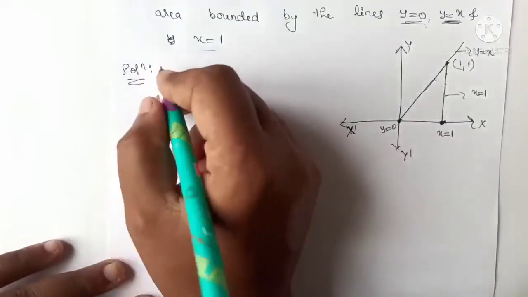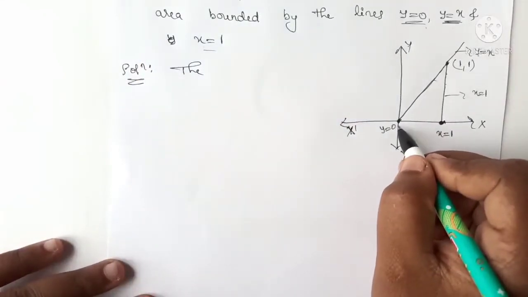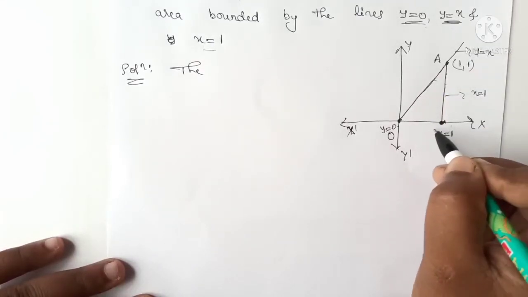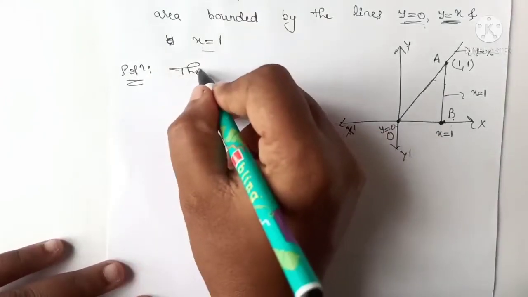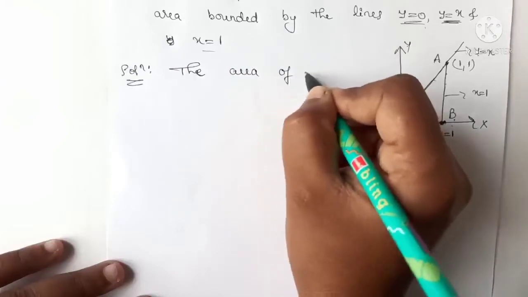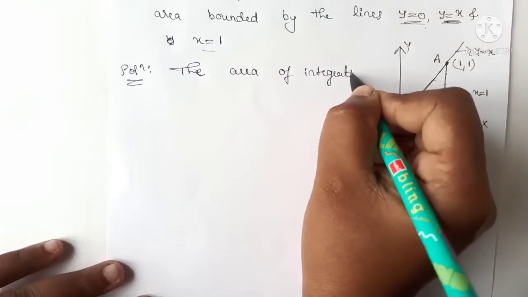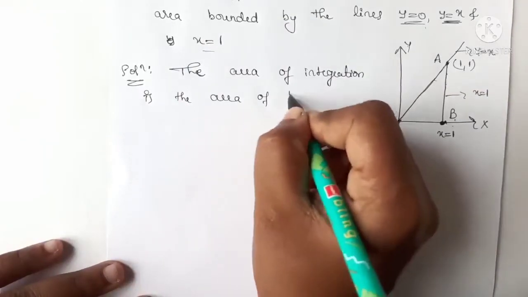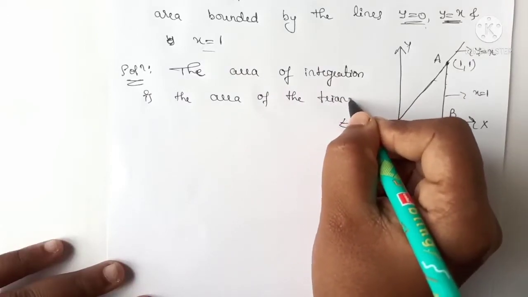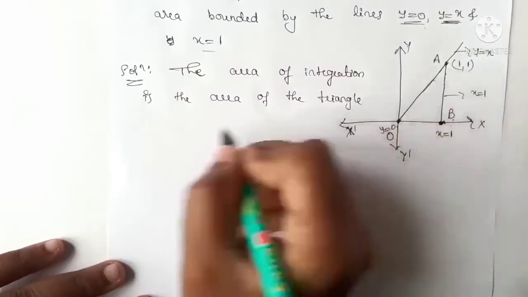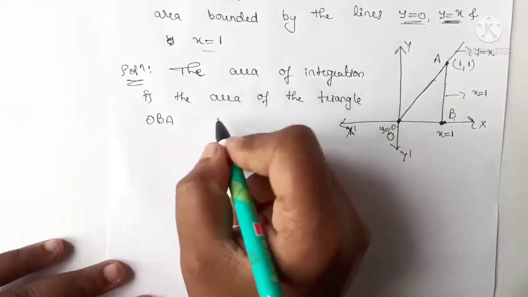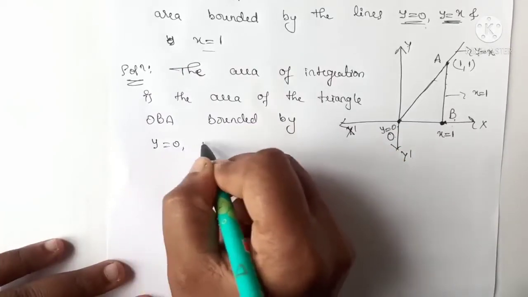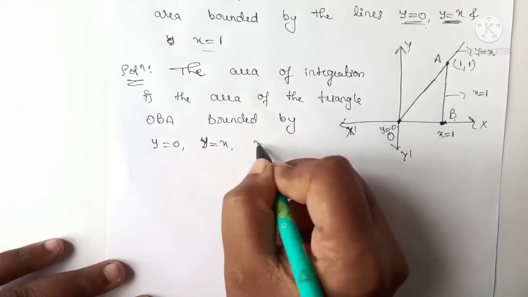See here, the area: we take this point as origin O, this point A, and this one as point B. The area of integration is the area of the triangle OBA bounded by the given lines y equals 0, y equals x, and x equals 1.